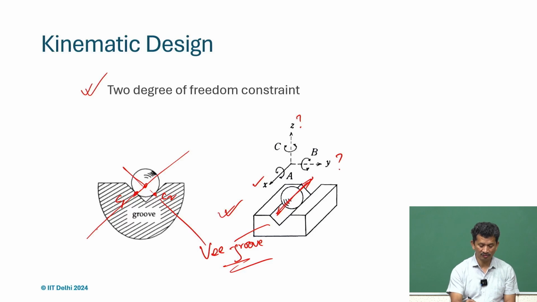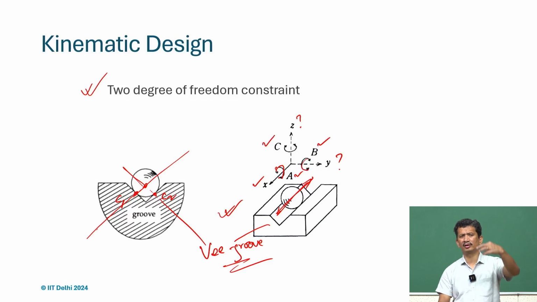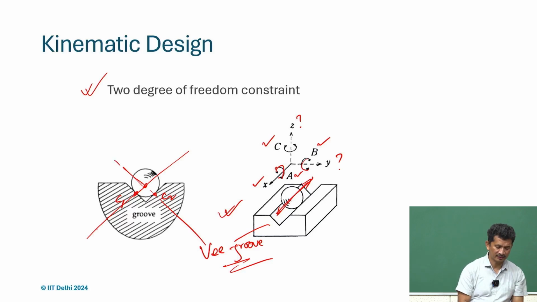What about the rotation? Rotation is possible, it can rotate about x, about the other two axes also possible. So, rotations we do not have doubt, it can just slide and can rotate in all the 3 axes. What we are saying is they will not move along C1 and C2.